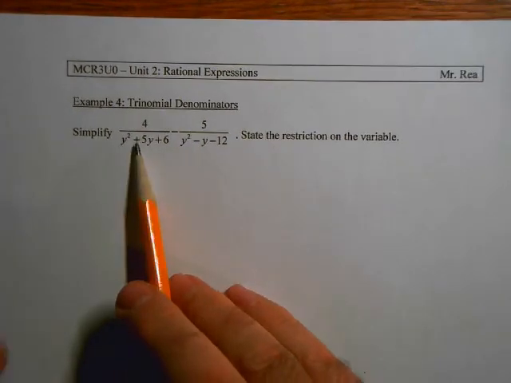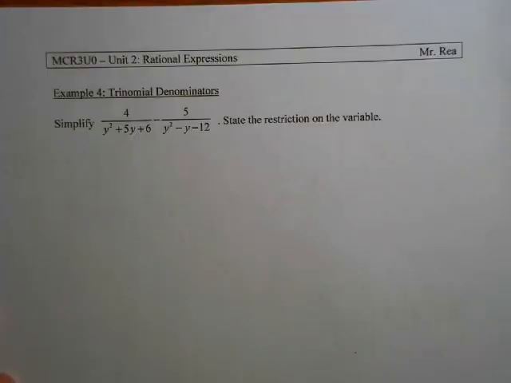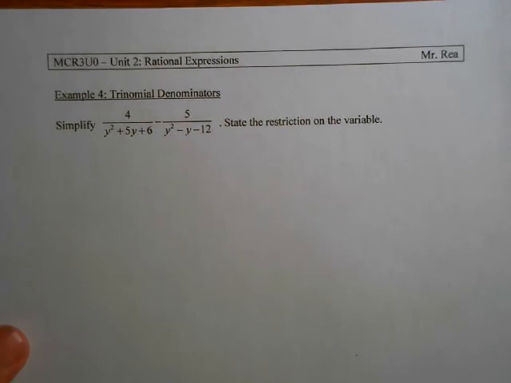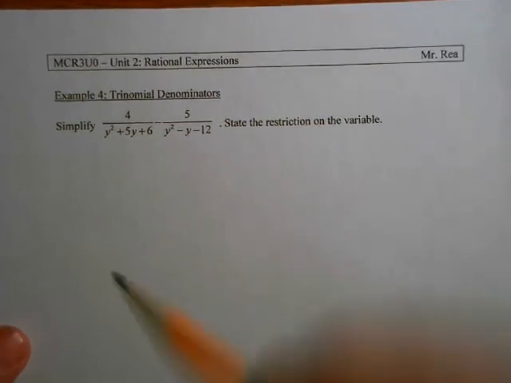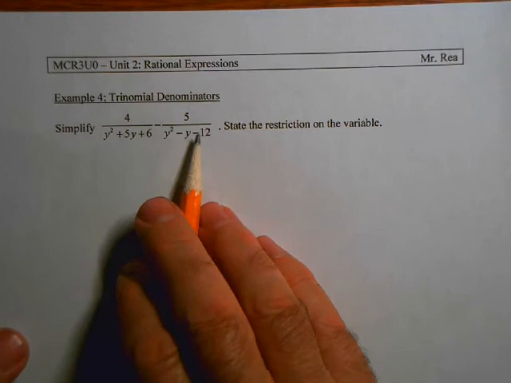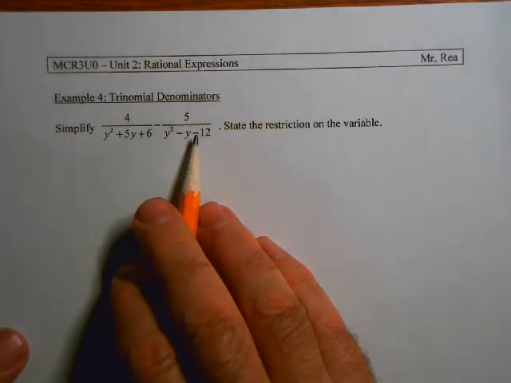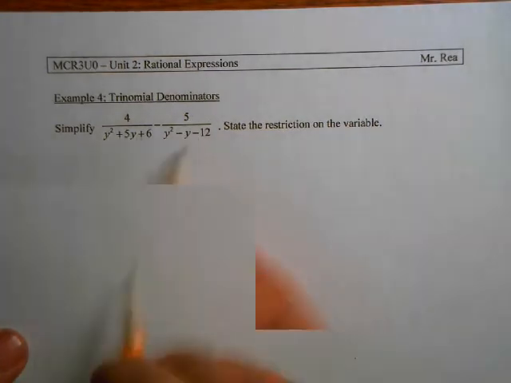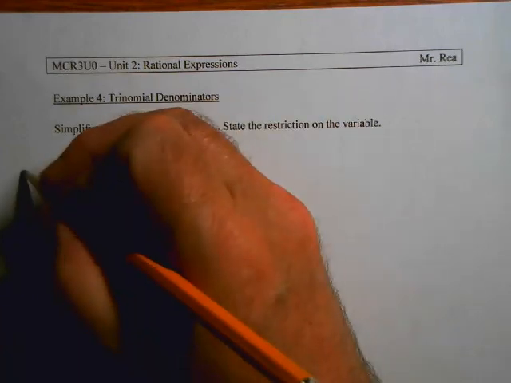And this one involves some trinomial factoring. Come down here. So this time we're using a y, but no big deal. It's just a different variable. Everything else is the same. Okay, so simplify this. Well, again, the first thing you try to do is factor the denominators as much as you can, if possible.